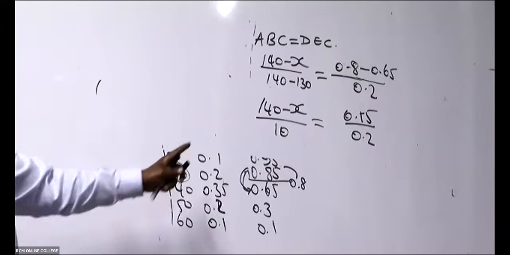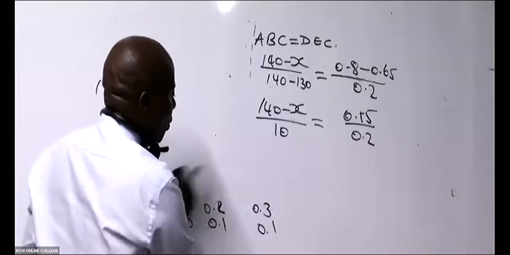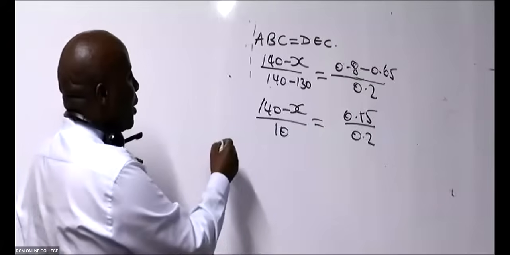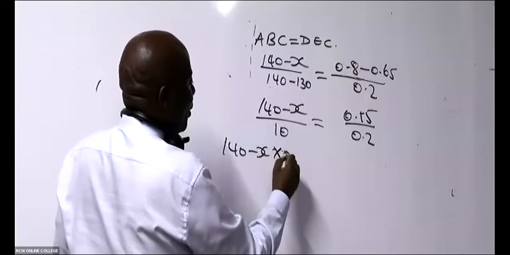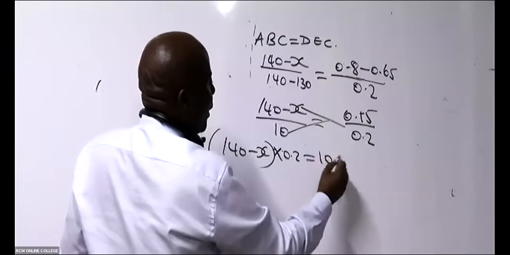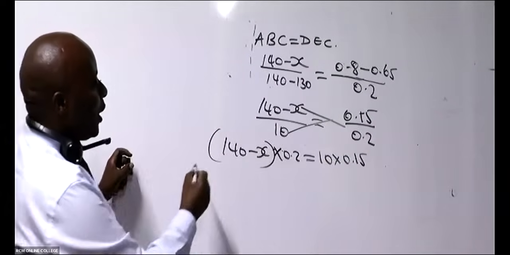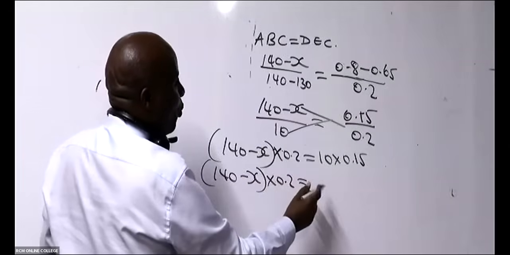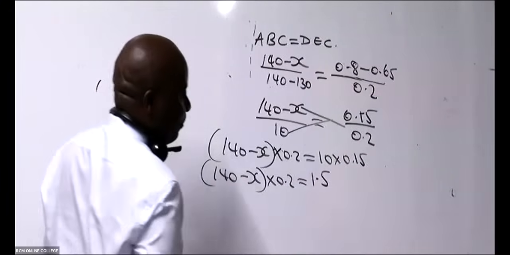So I want to make x the subject of the formula. To do that, my good students, this will be 140 minus x times 0.2. I'm cross multiplying, it will be equal to 10 times 0.15, which gives us 1.5.